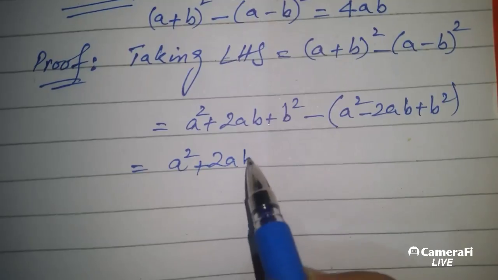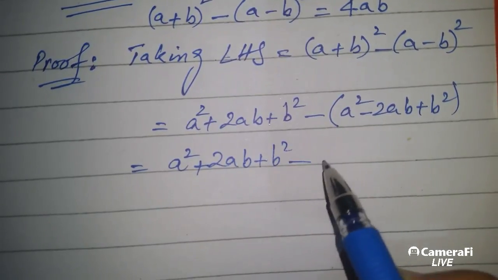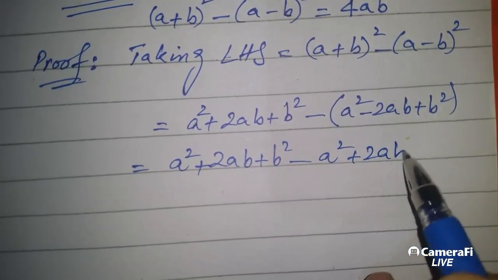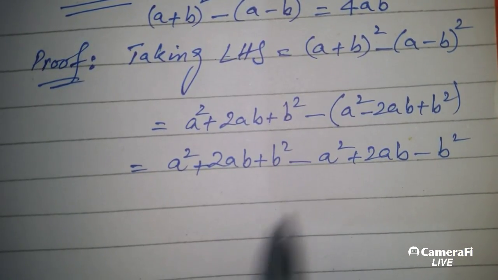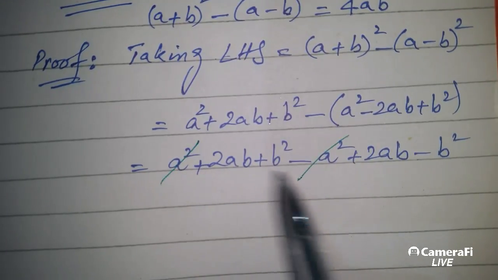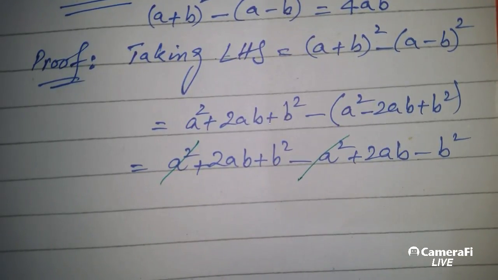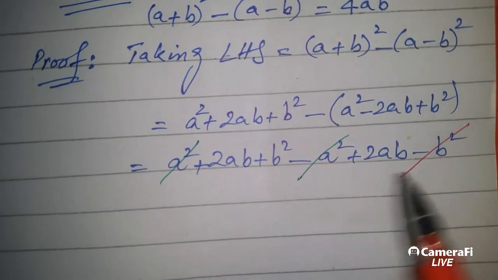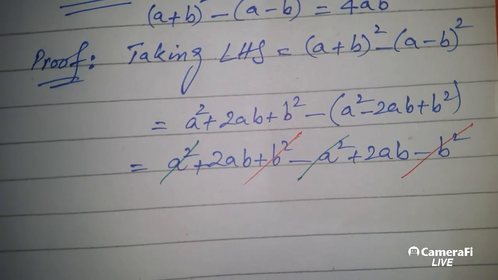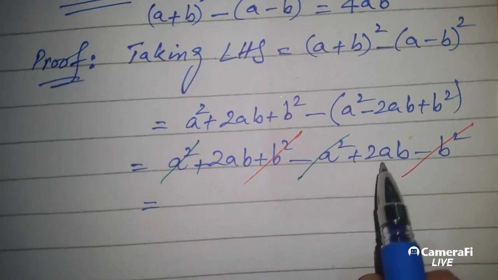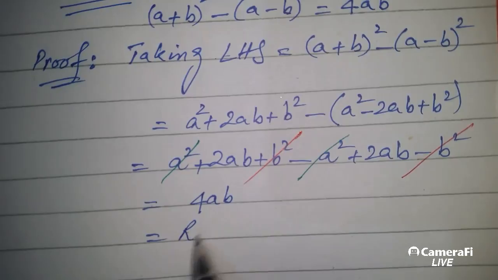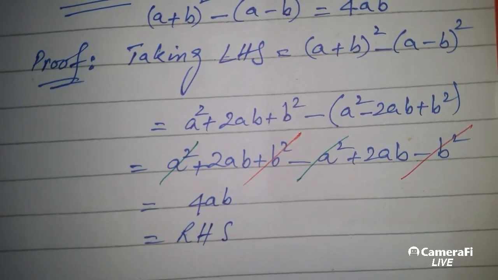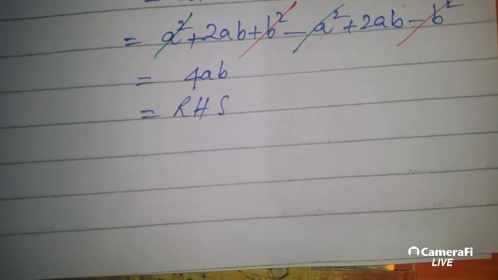A square plus 2ab plus b square, minus a square plus 2ab minus b square. Now some cancellations can be made here. Minus a square plus a square cancels out. Minus b square plus b square cancels out. And what is left is just 2ab plus 2ab, which is 4ab, the right hand side.